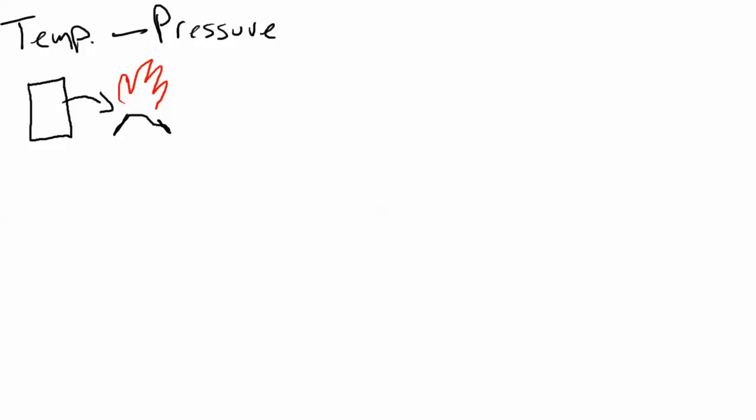And that is that if temperature is high, then pressure is high. So again, we have a direct relationship. Temperature is high, pressure is high. If temperature goes up, pressure goes up, and that's what causes the can to explode.